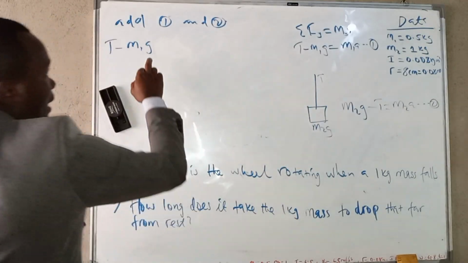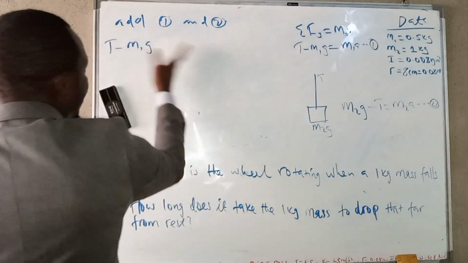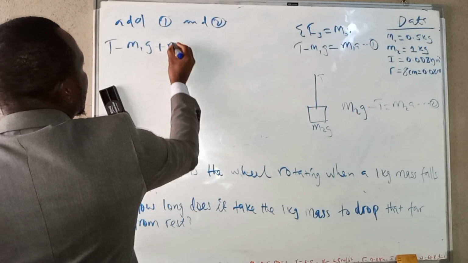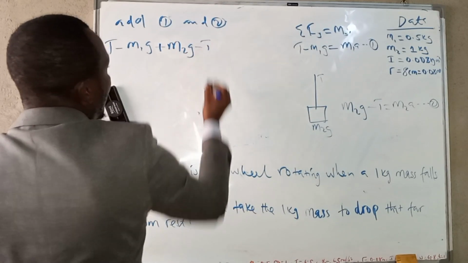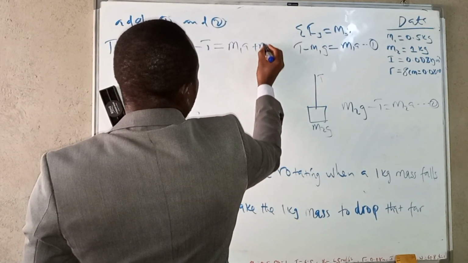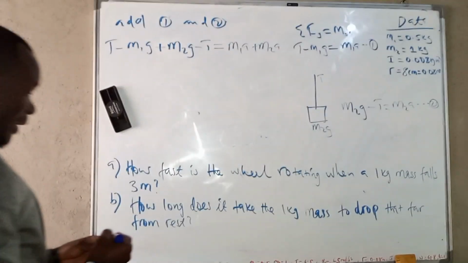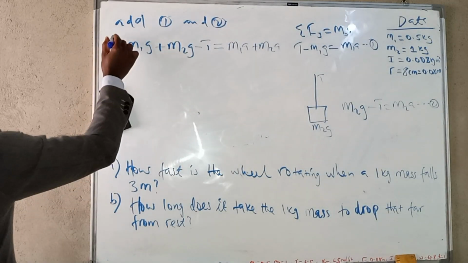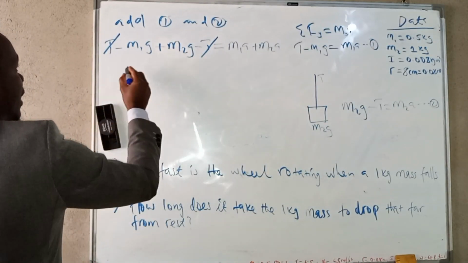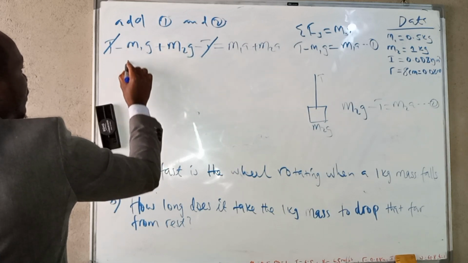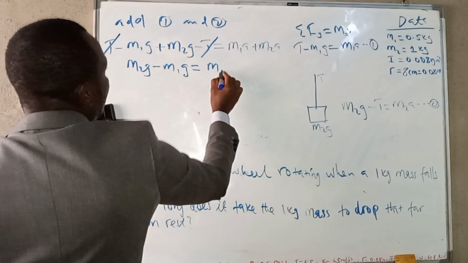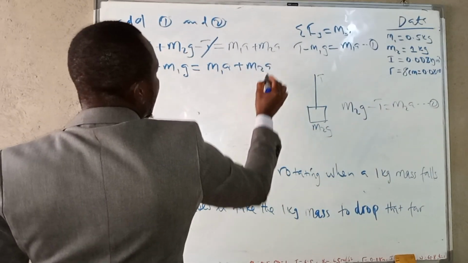So we have T minus M1G, plus M2G minus T, which must give us M1A plus M2A. Since this is positive and this is negative, the tensions cancel. We are left with M2G minus M1G equal to M1A plus M2A.